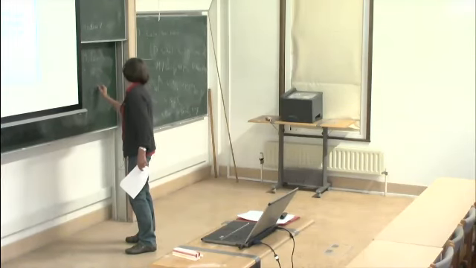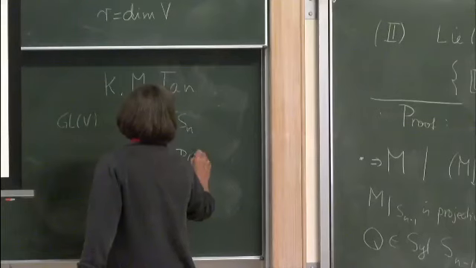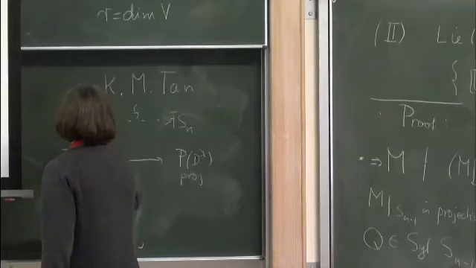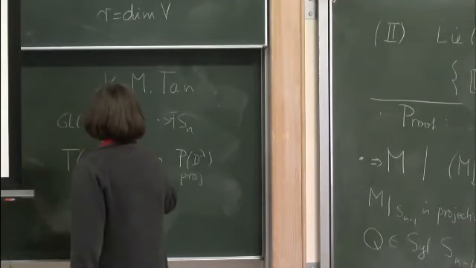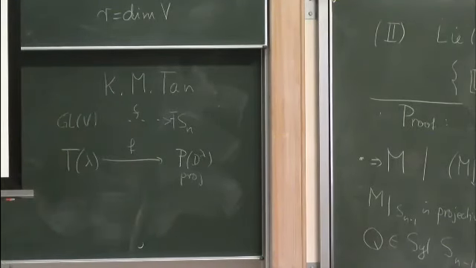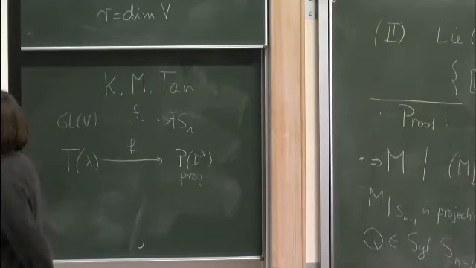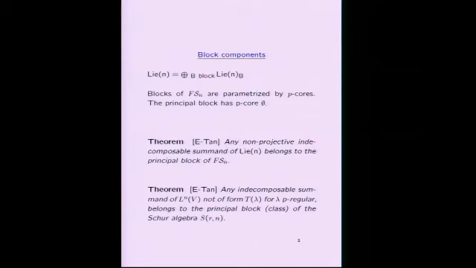A projective module, projective D lambda, corresponds to the tilting module T lambda under the Schur functor. So if you translate it, you get the same statement for Lie n V: if you have a summand which is not a tilting module, then it must belong to the principal block of the Schur algebra. Well, it might not be a block, but a class of blocks.